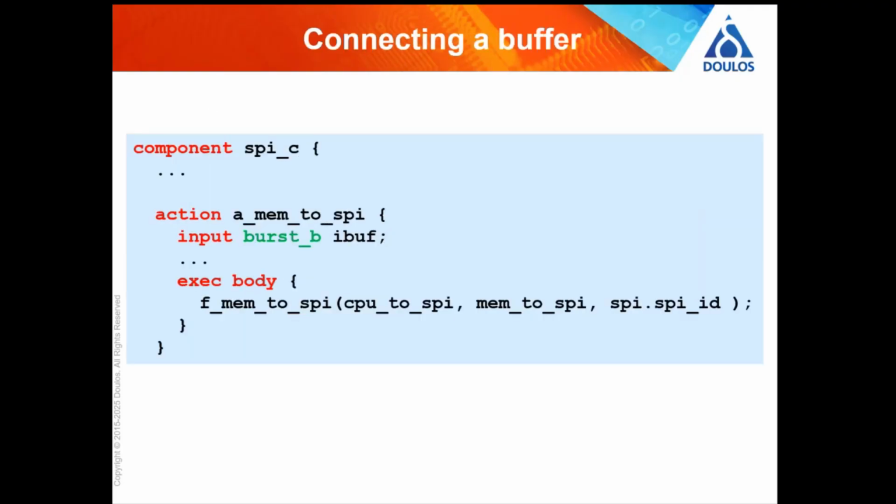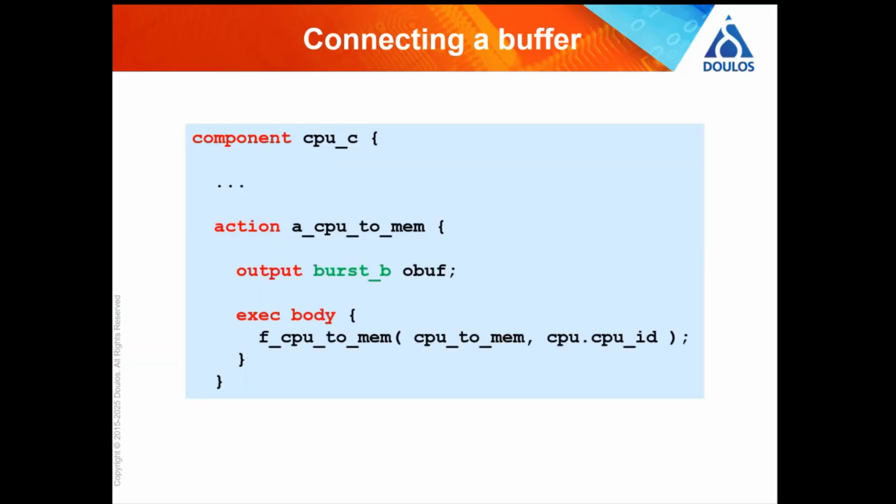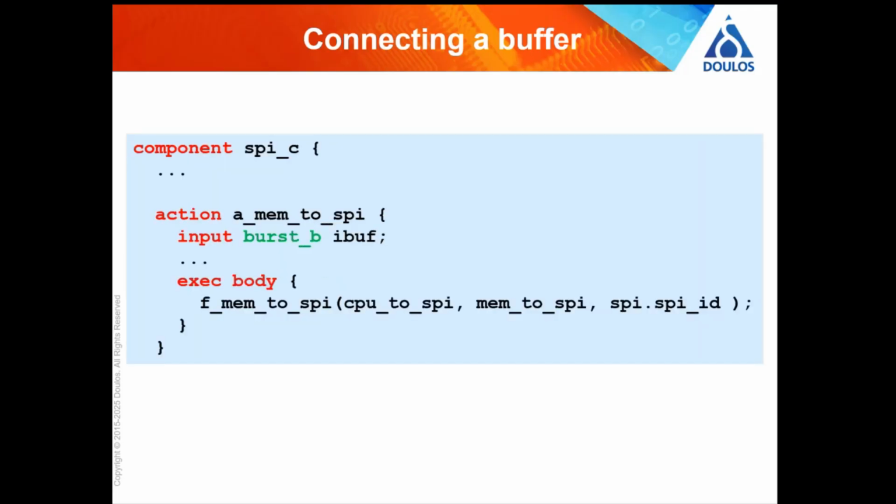And that forces this action here, copying data from the CPU to the memory, to happen before this action, copy from the memory to the SPI. Because of course, if there's nothing in the memory, you can't output it through the SPI. And then we've got a function that actually does that as well. So can you see that we are building in, or representing, information about the DUT?